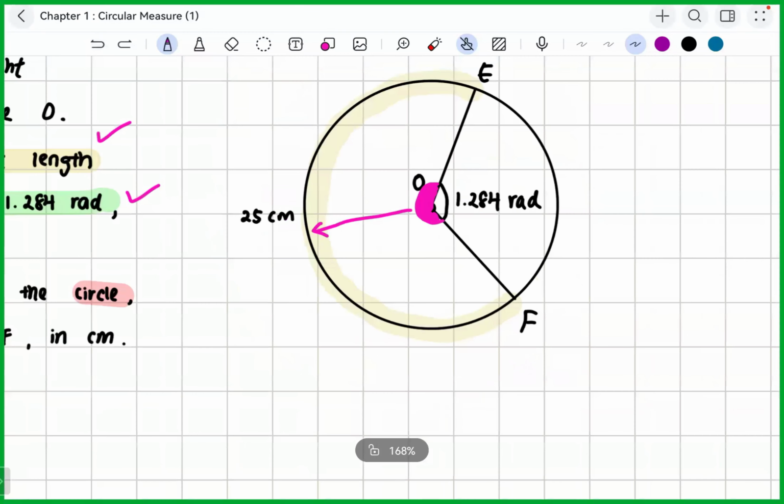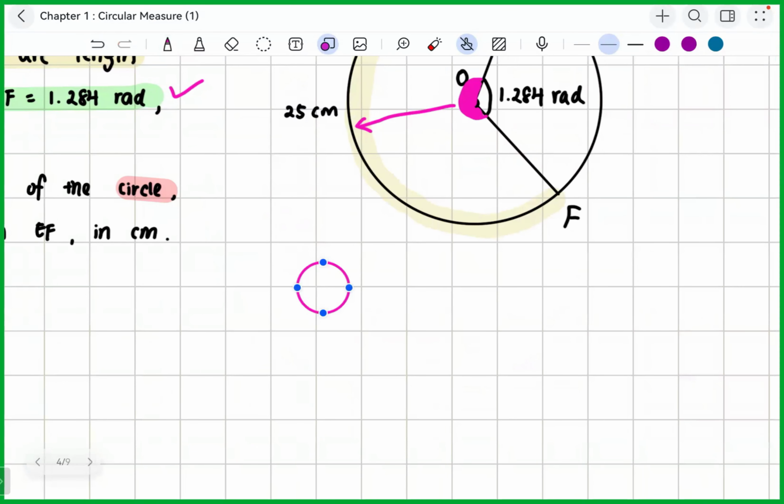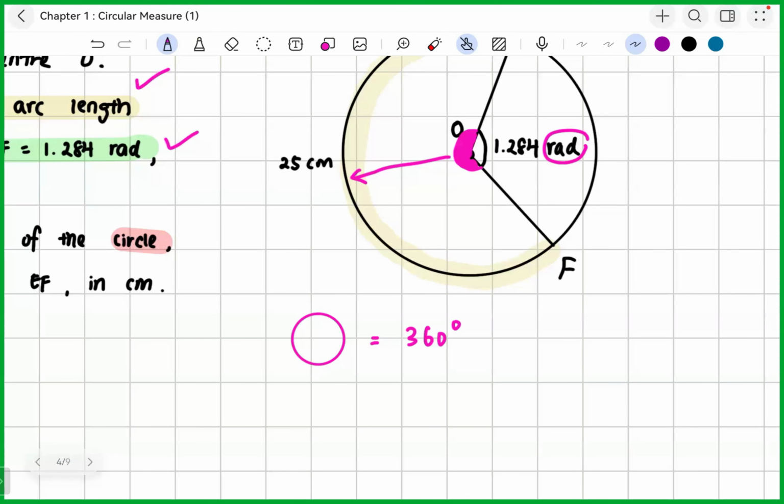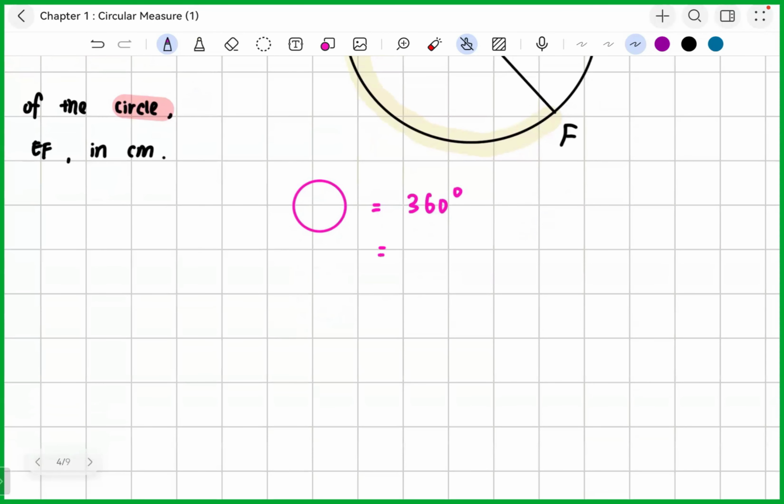We know that a complete angle, which means a circular angle, equals 360 degrees, right? But be careful, the angle is in radian unit. So 360 degrees also equals 2 pi rad, right?